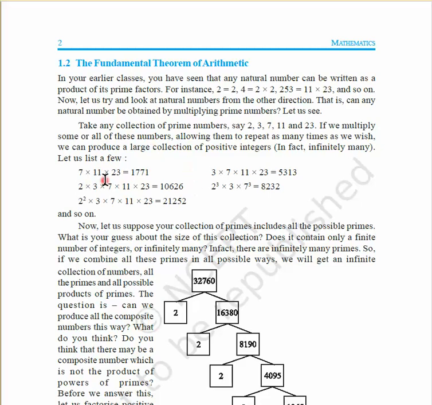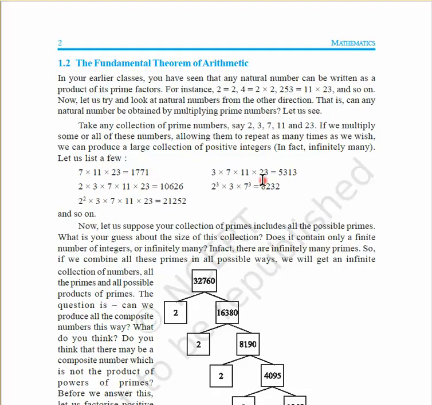So, for example, here we have taken three numbers out of these five prime numbers: 7, 11, and 23. If we multiply 7, 11, and 23, we get this number. We get a positive integer.